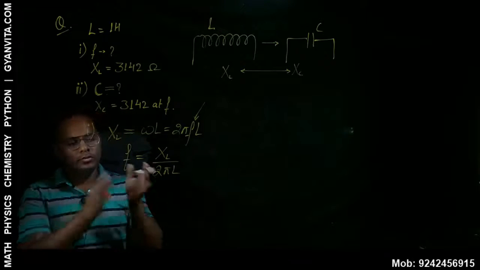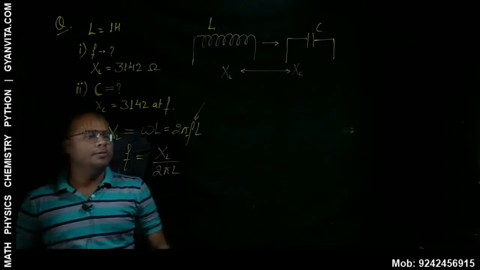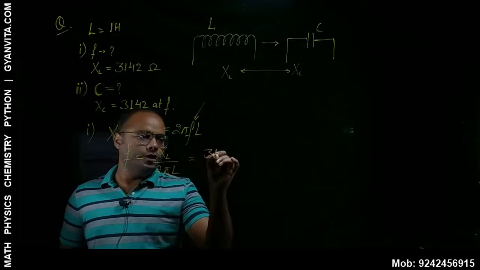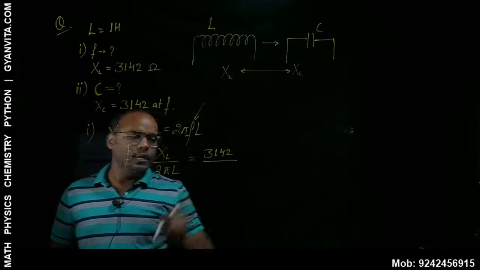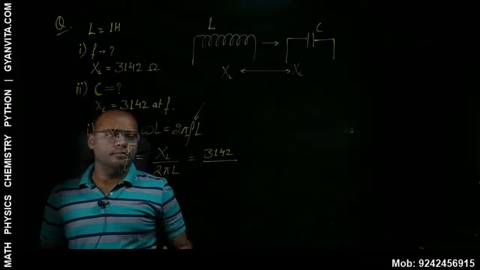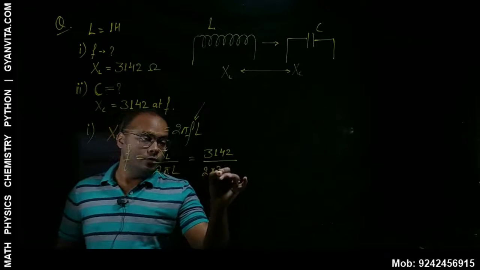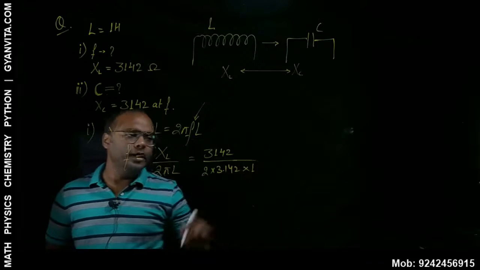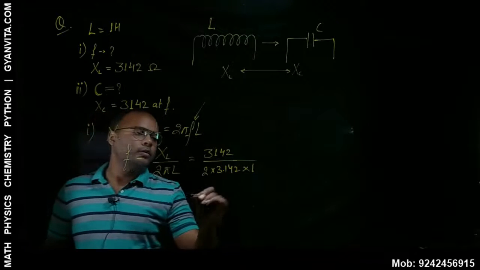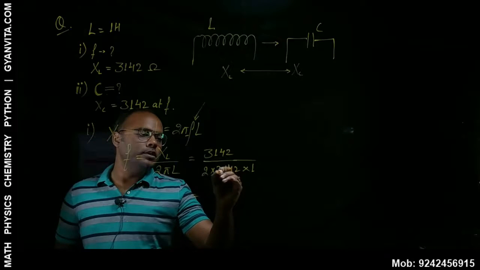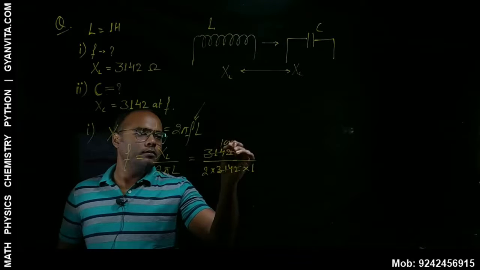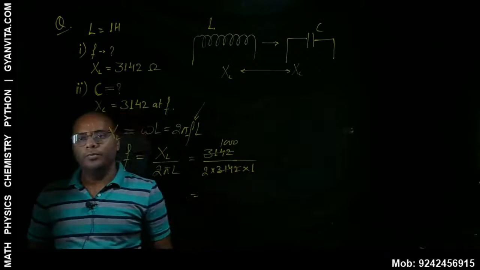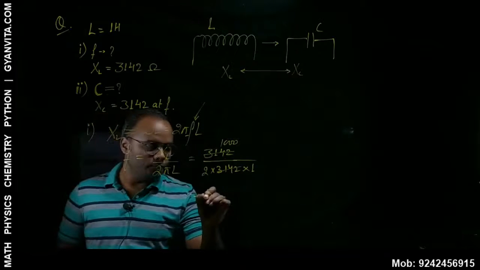So now you just have to substitute the values. XL is actually 3142 divided by 2 pi, that is 2 into 3.142, into L, which is 1 Henry. So this is actually 1000 divided by 2, which is nothing but 500.